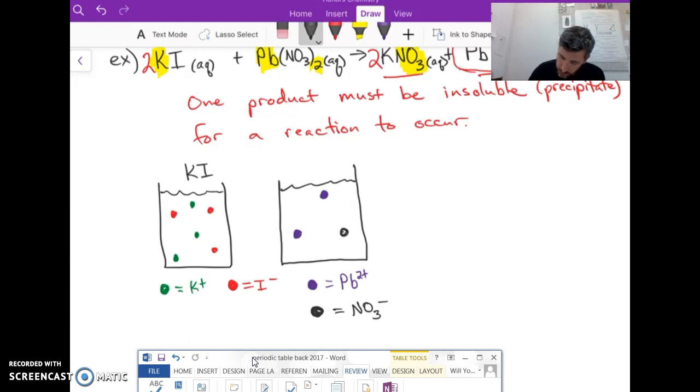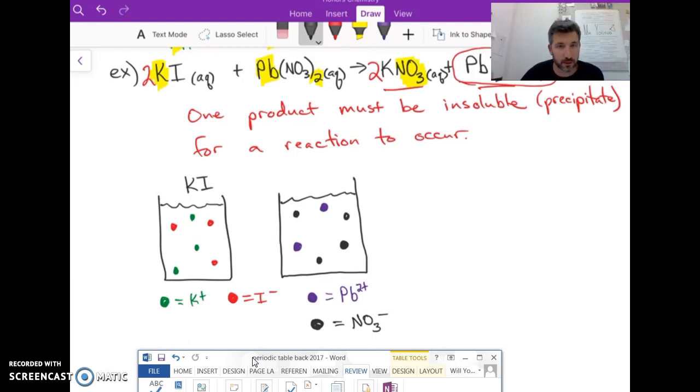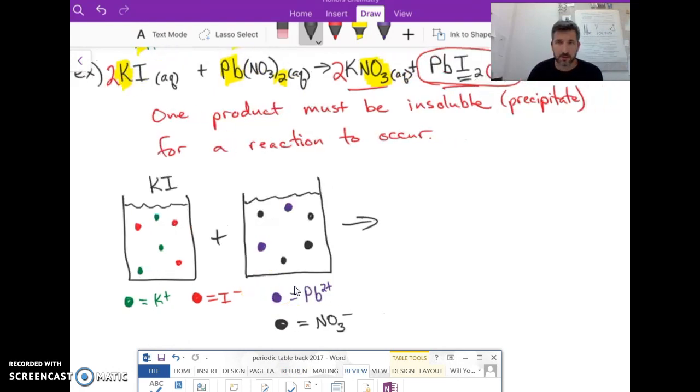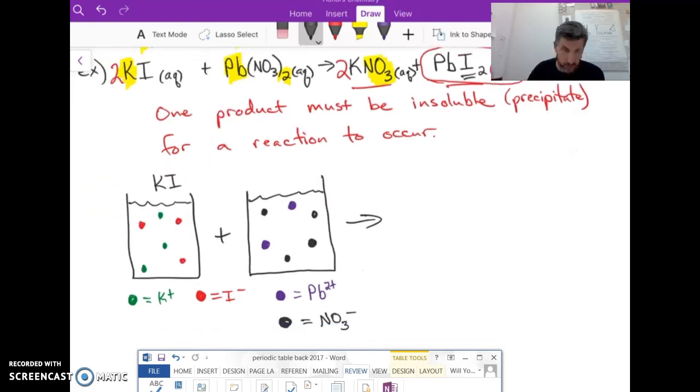Now there would be twice as many nitrates floating around as there would be leads, right? Because in the formula there are 2 nitrates for every lead. But anyway, if I put these two together in a reaction, in the same beaker, and I get 2 aqueous products as a result, what that would mean is that these ions, these little greens and reds and purples and blacks, are just floating around still, and so nothing has happened.